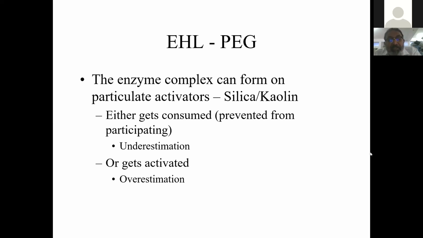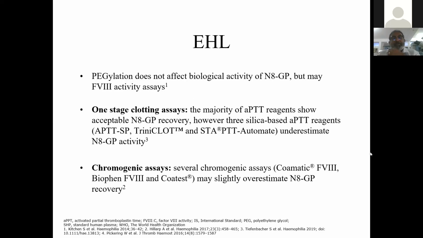So either they get consumed or they are prevented from participating in the complex formation, which leads to underestimation of the infused factor. So whatever concentration we have calculated and given, when we do the recovery assay, you find that you get lower values. And then you have a possibility of activation during this process, and you will get overestimation. So both problems do happen.